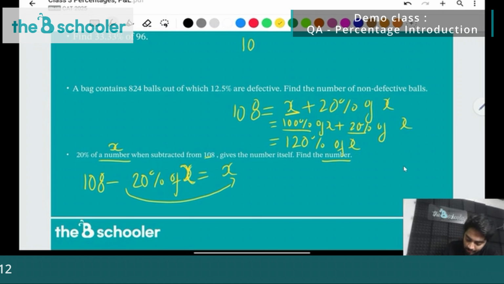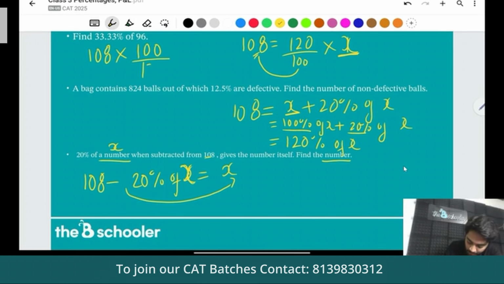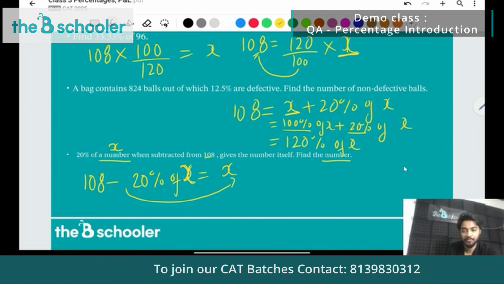So 108 is equal to 120%. Can I write it as 120 by 100 of x? Now if I want this x alone, I have to take this to the other side. If I'm taking it this side, what should I do? I can write it as 108 into 100 divided by 120 to be equal to x.